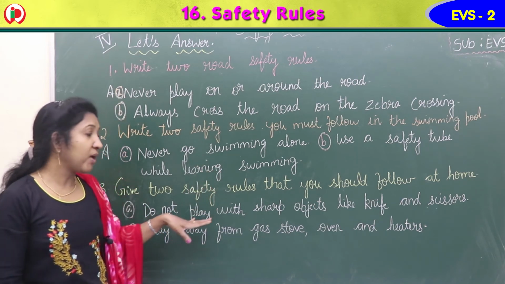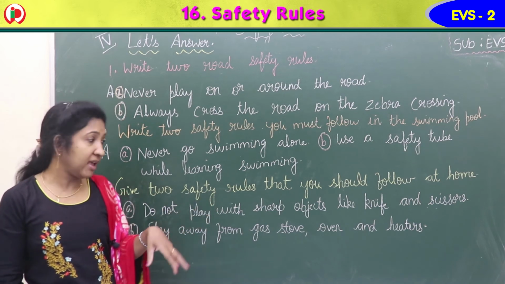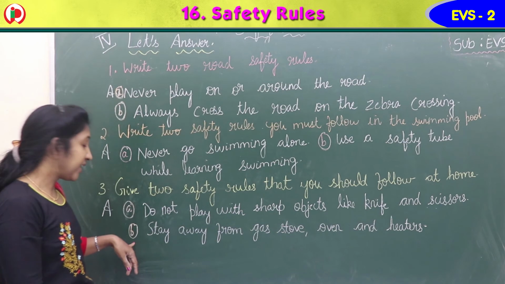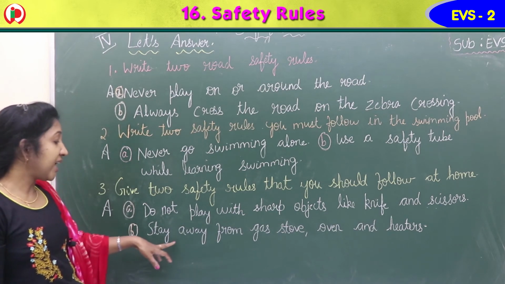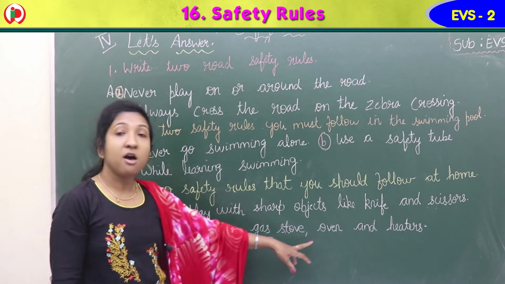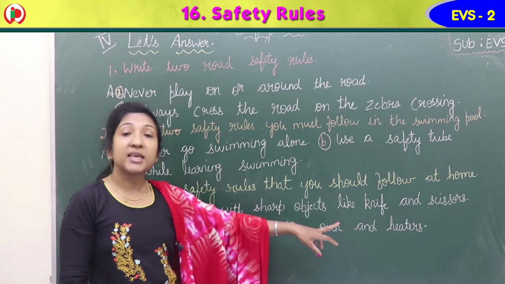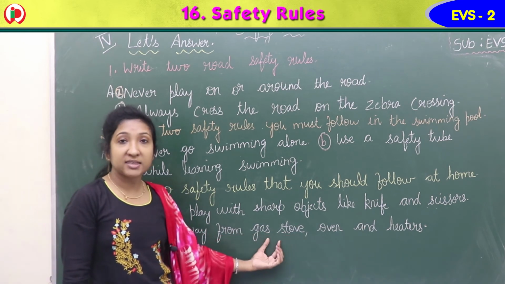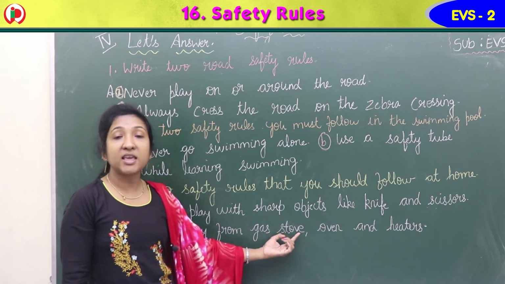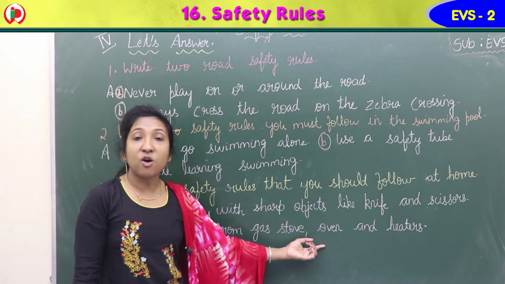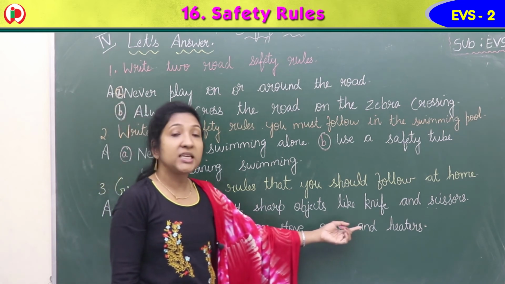So do not play with sharp objects like knife and scissors. Full stop. Second point, B. Stay away from gas stove, oven and heaters. Full stop. Gas stove, oven, and heaters.